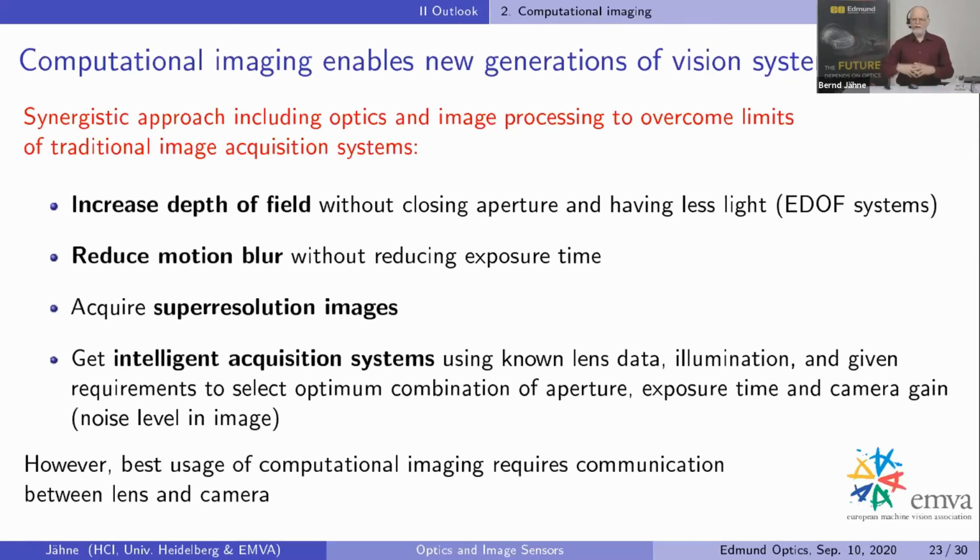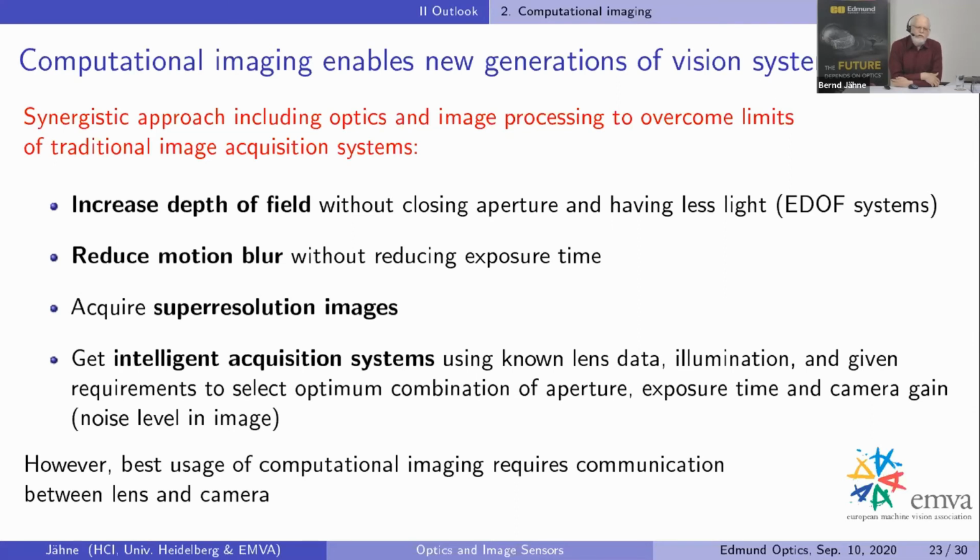Computational imaging says we have to consider the whole system and optimize the whole system. And it's a kind of synergistic approach which includes the optics and the image processing to overcome these limits of traditional image acquisition systems. So I showed you already this increase of depth of field, which is called extended depth of field, without closing the aperture and having less light.